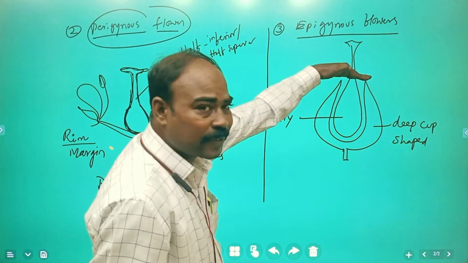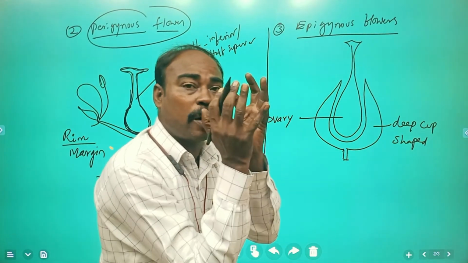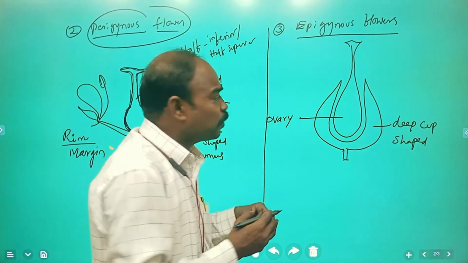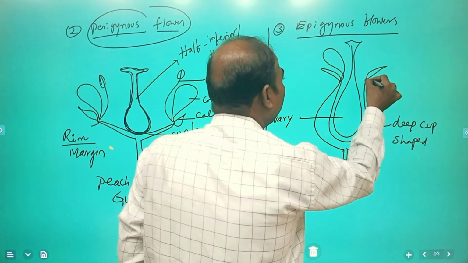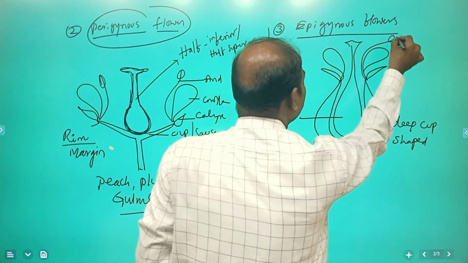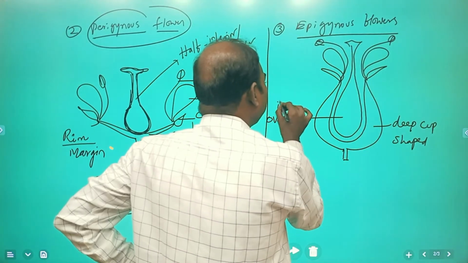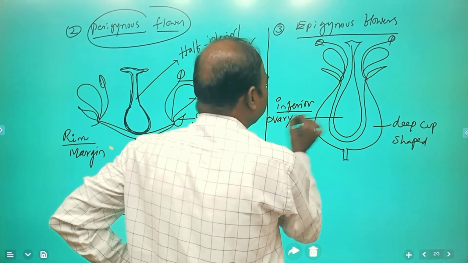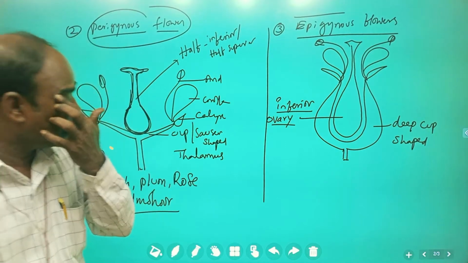So the ovary is buried within the deep cup shaped thalamus, and the remaining floral parts develop on the upper level of the thalamus, above the level of the ovary. So the ovary is said to be inferior ovary.